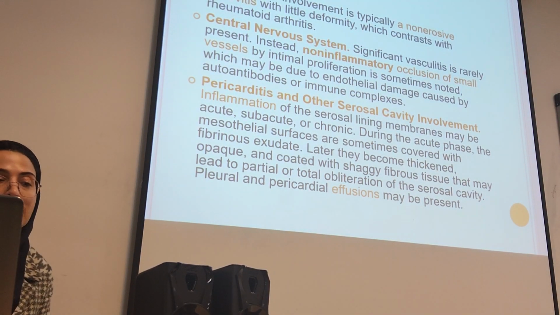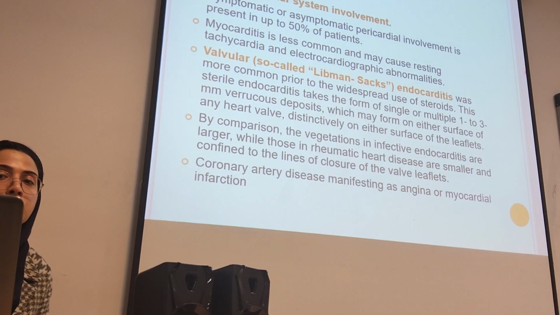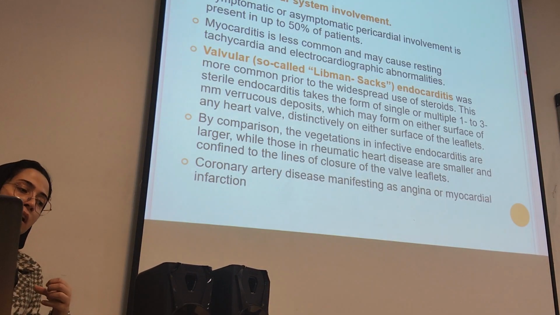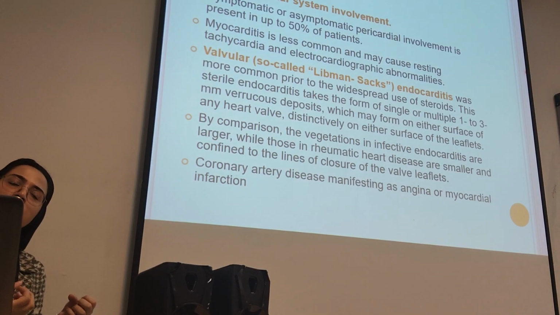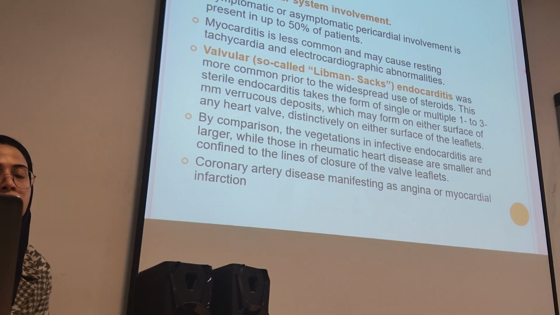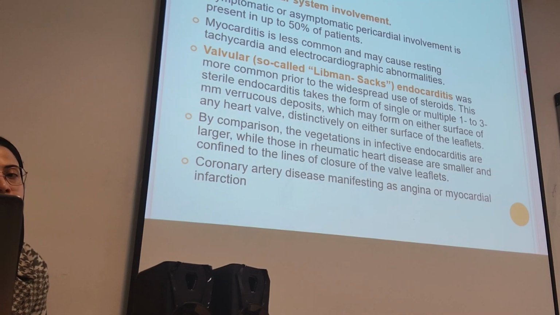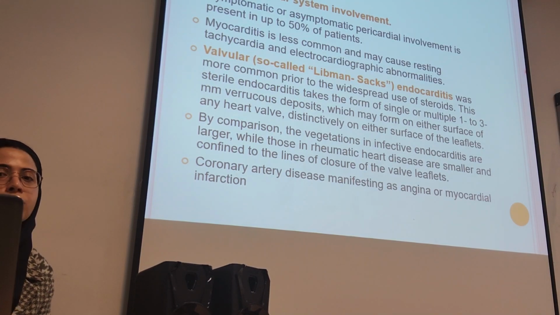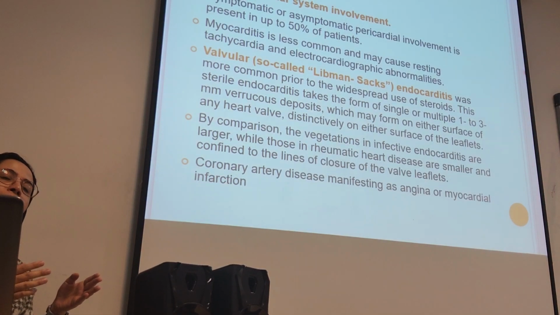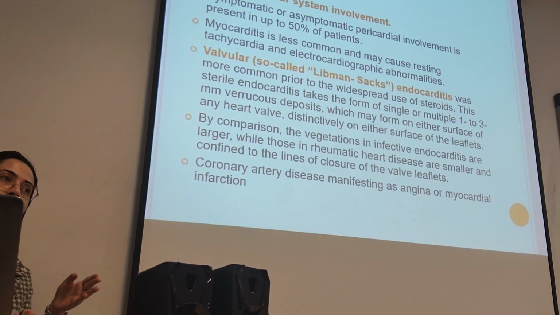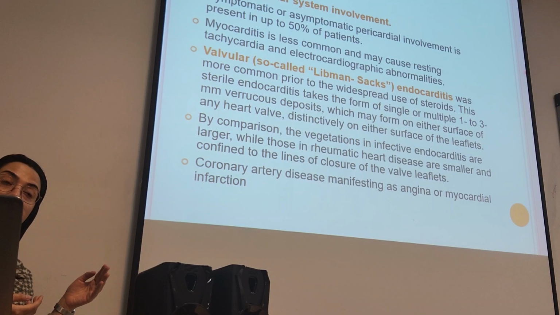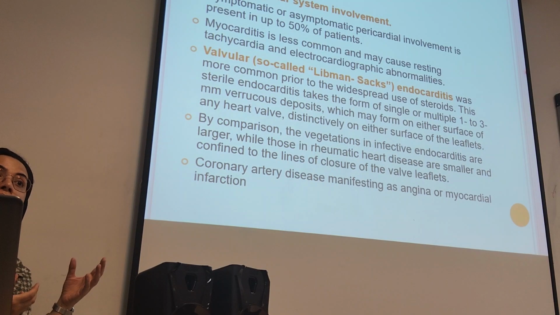One of the important symptoms in lupus is related to the cardiovascular system. We may have different types of cardiovascular symptoms in lupus. For example, we may have myocarditis, or coronary artery disease, and sometimes we have involvement of valves.